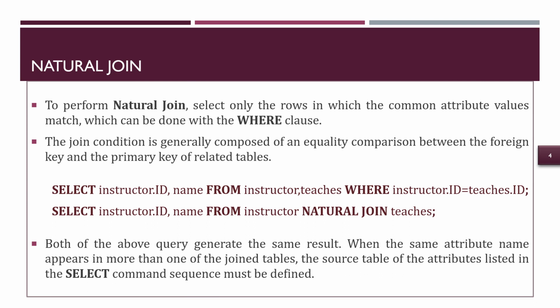When the same attribute name appears in more than one of the joined tables, the source table of the attributes listed in the select command must be defined. That is, in the case of instructor and teachers, they have the common attribute id. Since both have the same attribute name, if you want to display the id of the instructor, we have to specify the source table like instructor.id.